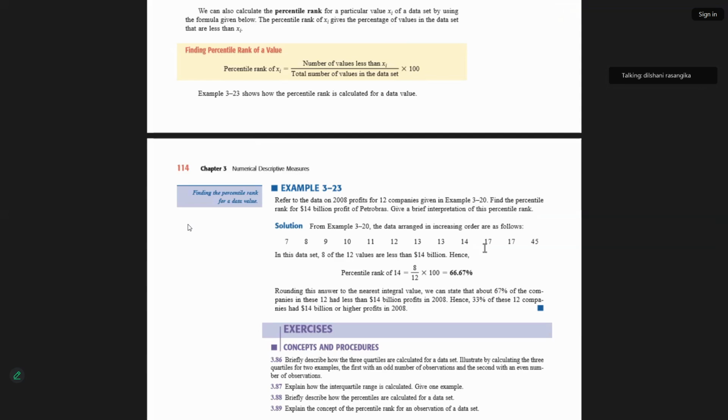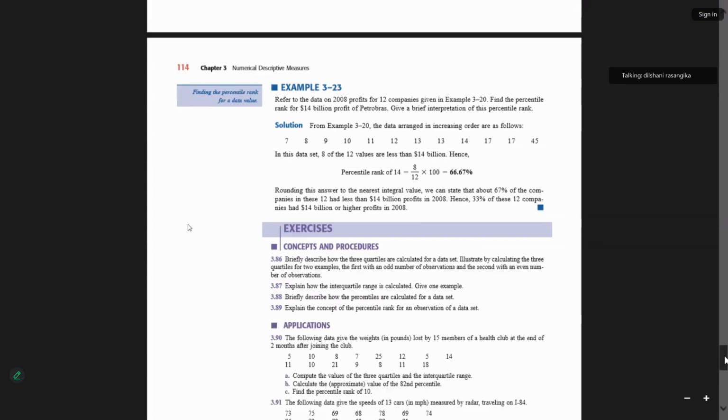Hence, 33% of these 12 companies had $14 billion or higher profit in 2008. By using percentiles and percentile rank, we can interpret how much of the percentage is less than that value and how much is above that value. That is the interpretation with regard to these percentile ranks. I hope you got it.